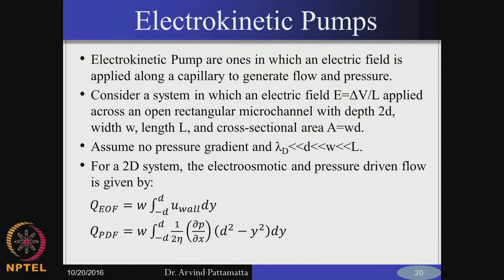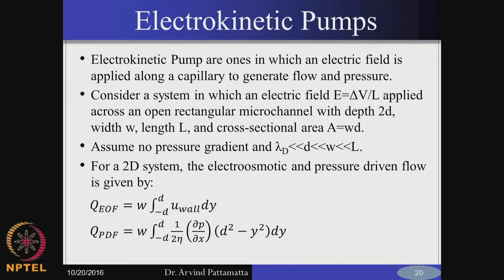So, it is nothing but your wall velocity which is uniform throughout. If you integrate this from minus d to d across the entire channel height, you get your net volumetric flow, right. So, this is the component coming from the electroosmotic process.